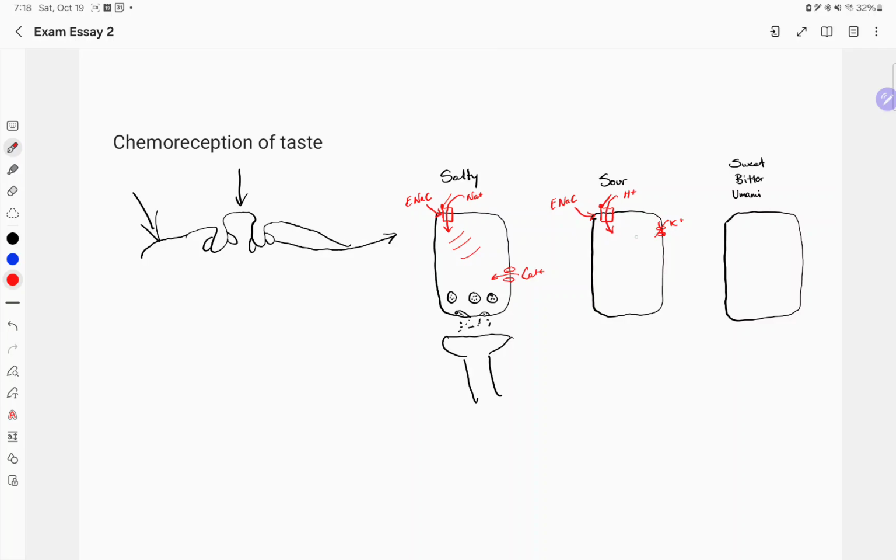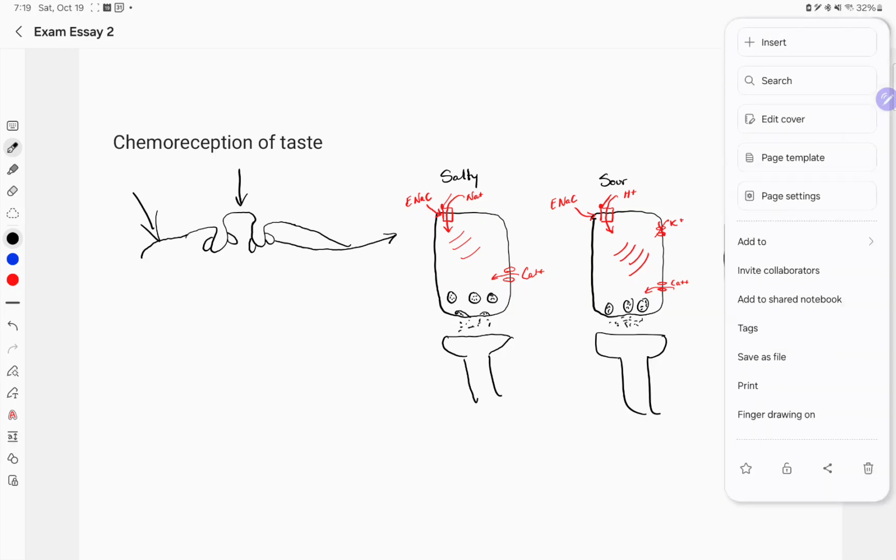So you have these positive hydrogens in here, buildup of potassium in here, causing a depolarization, which will then open this calcium channel, allowing calcium in, and the cycle repeats itself with these vesicles full of neurotransmitters being released, telling this neuron here that, hey, this flavor is sour. Whatever you're eating, sour.